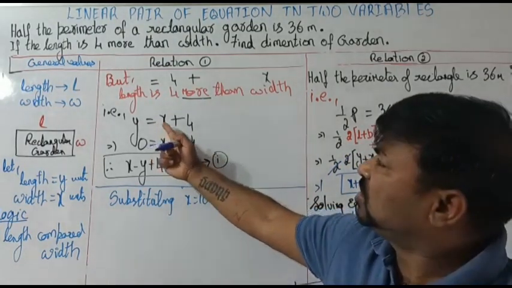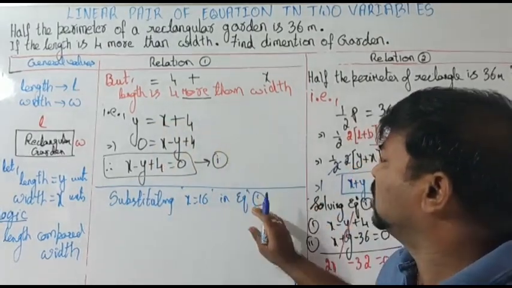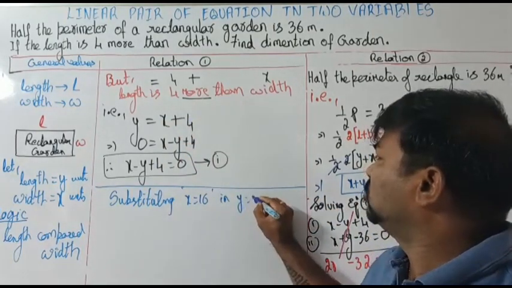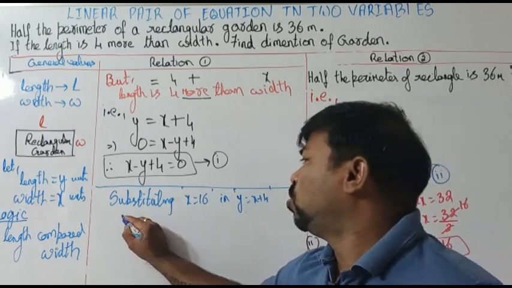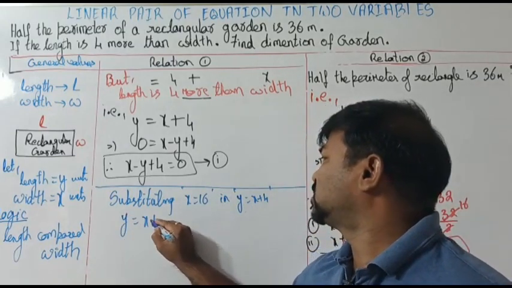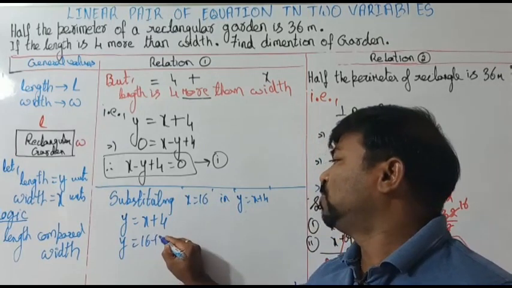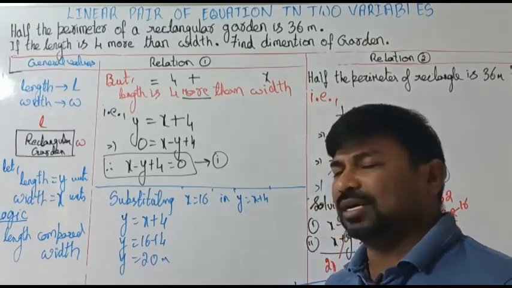Let us take that one. So y is equal to x plus 4. So y equals x plus 4, so y equals 16 plus 4, y equals 20 meters.